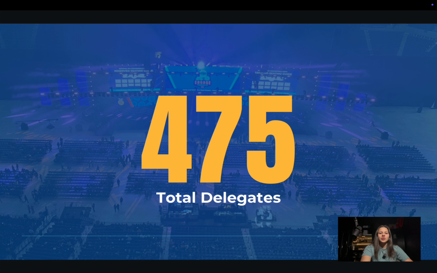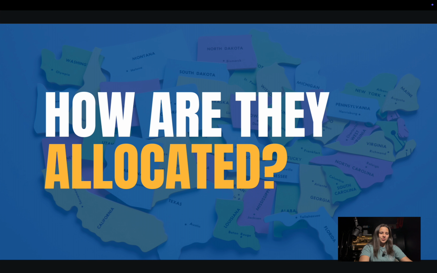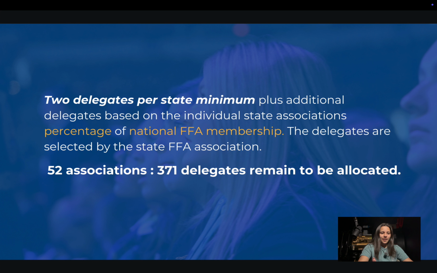And you may be wondering why 475, who gets chosen as this? That's a great question. How are they allocated, right? We said 52 associations, that's a lot of members, a lot of numbers. How do we split it up evenly? Well, first, it's in the national constitution. It gives us how they're supposed to be split up, and it says that there are 2 delegates per state minimum.